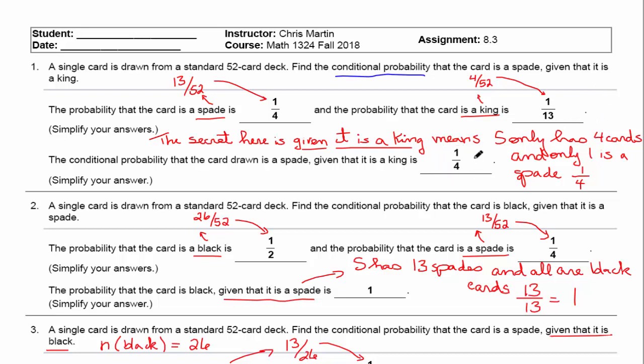And so that is our conditional probability. The book sort of steps you through this. The probability that it's a spade is 13 out of 52. And it's a king, well, there's 4 out of 52, or 1 out of 13.